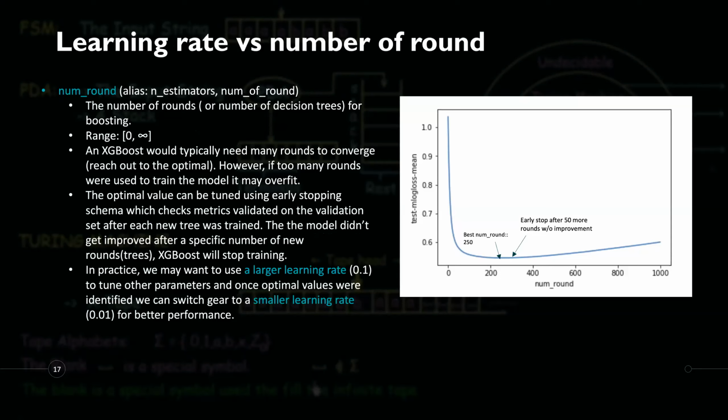The last aspect I'd like to talk about for XGBoost is the interaction between learning rate and the number of rounds. First, let's take a look at the parameter of number of rounds. The number of rounds is very similar to the concept of epoch in training a deep neural network, or even logistic regression or linear regression.